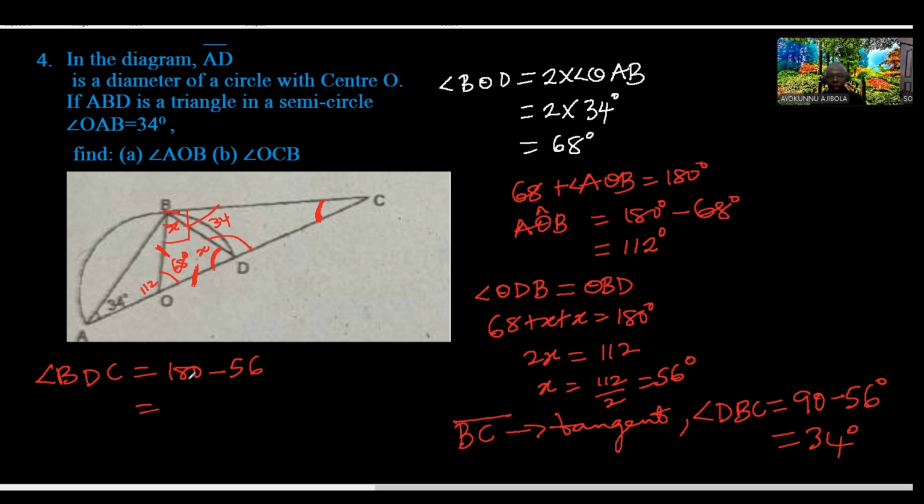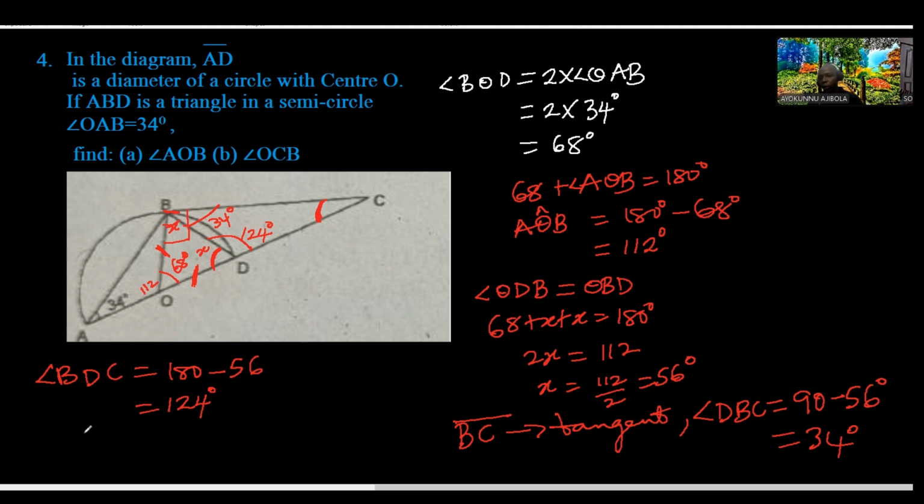So what is 180 minus 56? 124. So we have 124 here, right? Yes, sir.